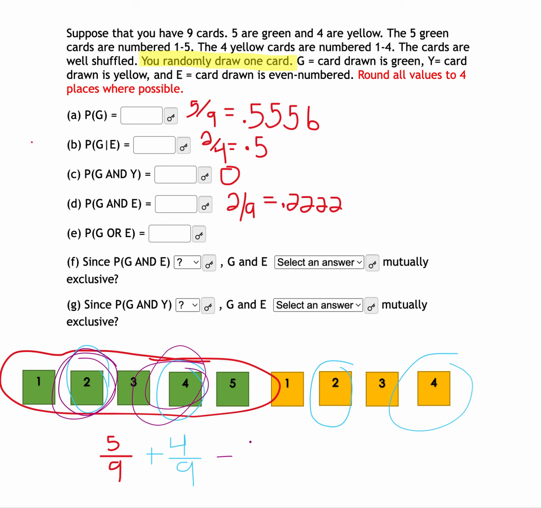So that was 2 out of 9. I don't want to count that probability twice. So this is where you have to subtract the overlap. You don't want to double count. So I'm going to take 5 over 9 plus 4 over 9 and subtract 2 over 9. And when I put that in on the calculator, you should get 0.7778.